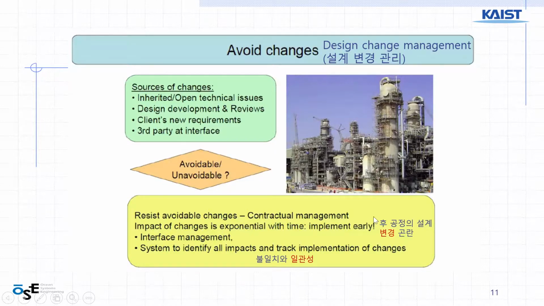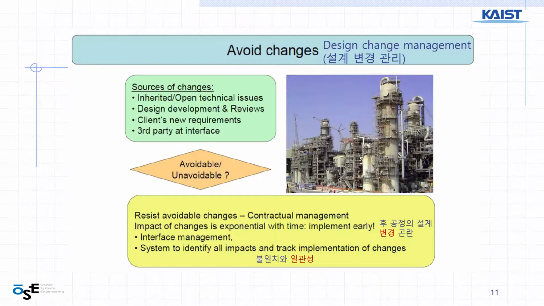So the change can be done in early stage of the design. That's much better, rather than if the change is coming in late stage of the construction, it can give you a very big problem. So interface management, interface between divisions, departments, design and construction and procurement. There are three major departments.